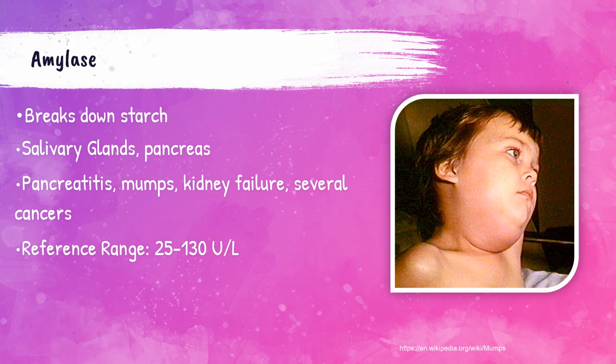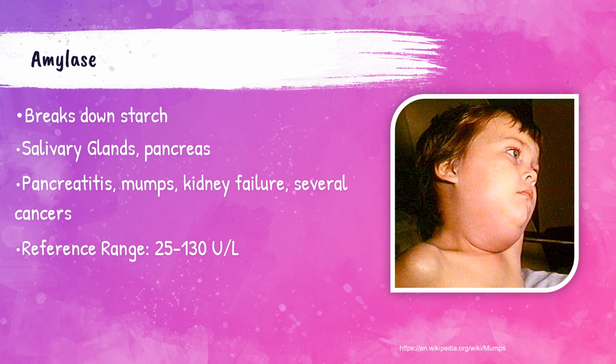Amylase is an enzyme that is responsible for breaking down starch. It's present within the salivary glands and the pancreas. Amylase is used within the clinical laboratory for the diagnosis of acute pancreatitis, which is an inflammation of the pancreas organ. This enzyme can also be present in patients with mumps, kidney failure, and several types of cancers.